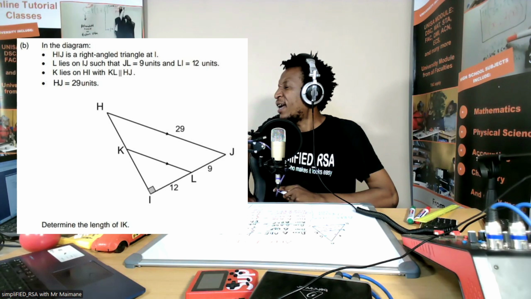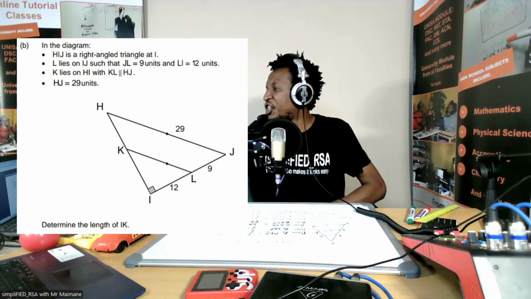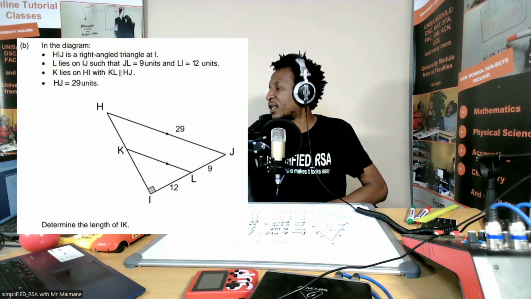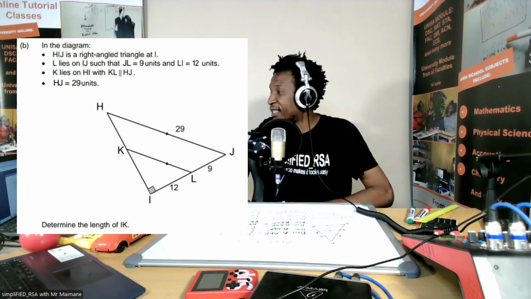Looking at number B, in the diagram we have HIJ, a right angle triangle. We all know what a right angle triangle is.